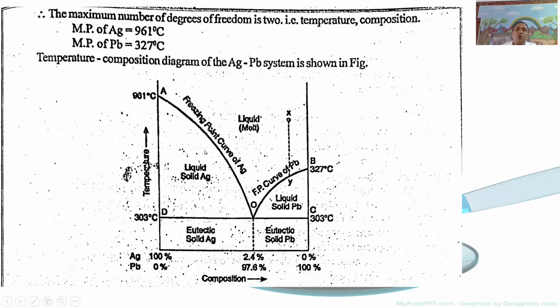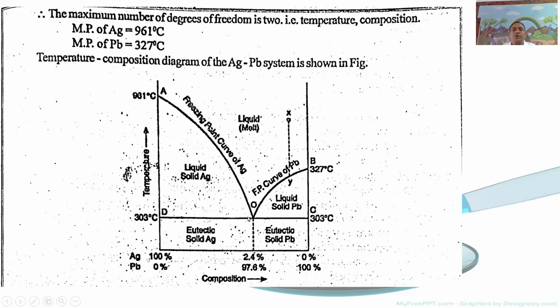The AO and BO curves show the equilibrium between two phases of the silver lead system. In the AO curve, solid silver and liquid silver lead coexist in equilibrium, and in the BO curve, solid lead and liquid silver lead exist in equilibrium.